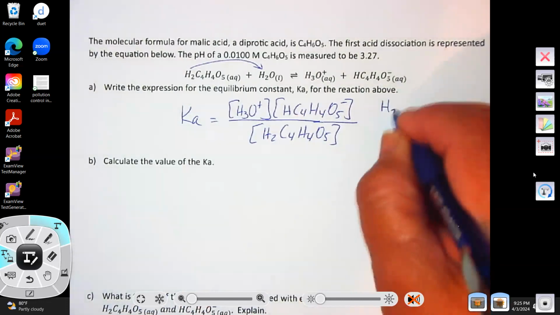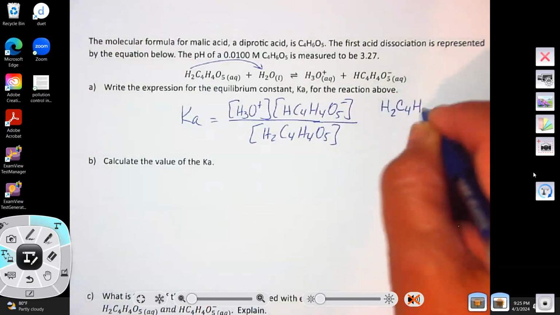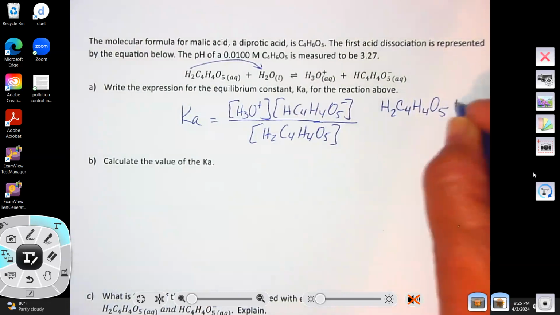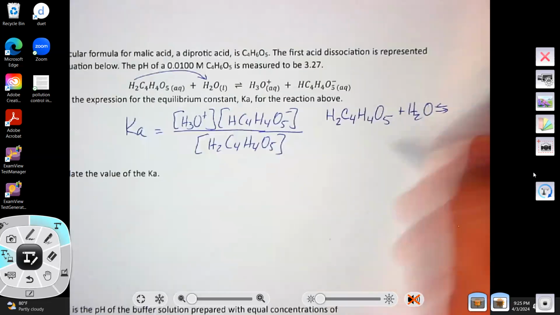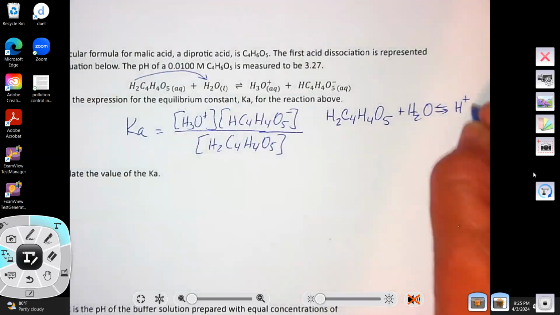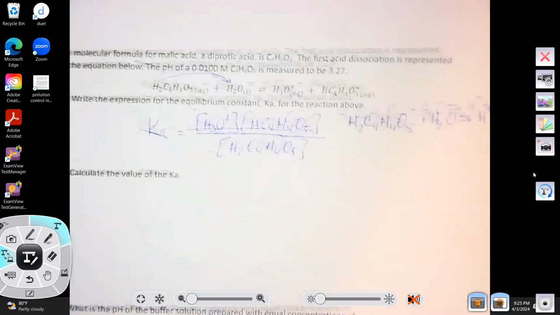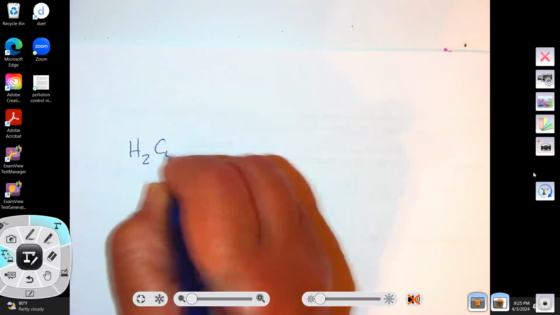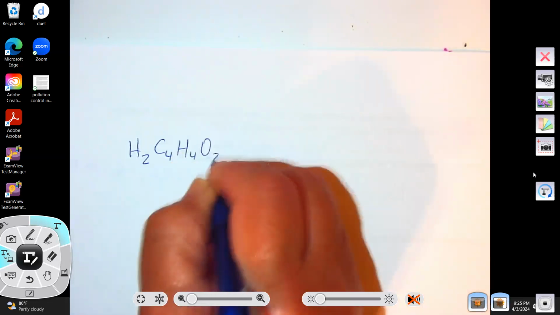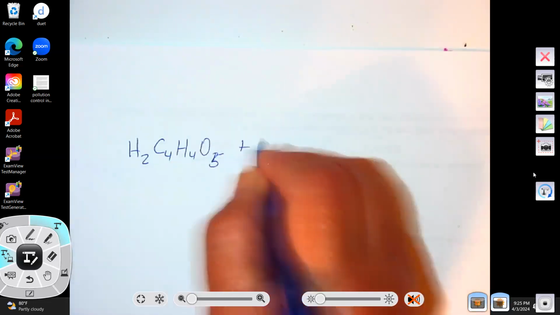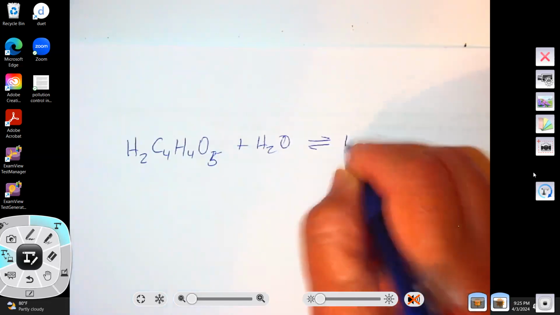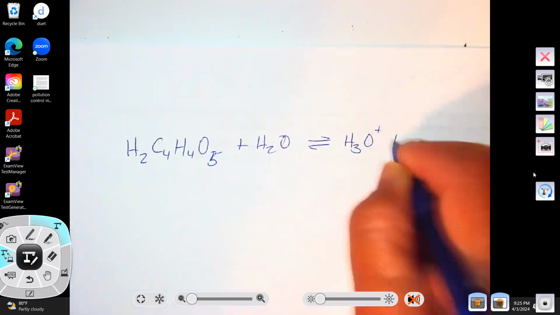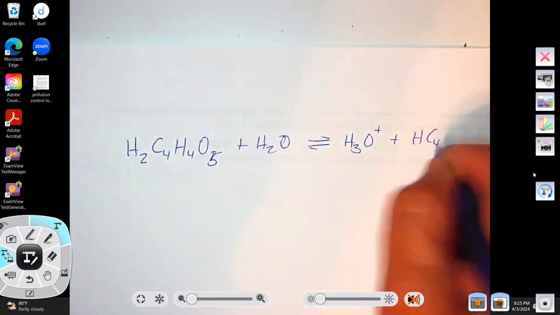You have the acid, H2C4H4O5, plus water in equilibrium, forming the hydronium ion plus the conjugate base.